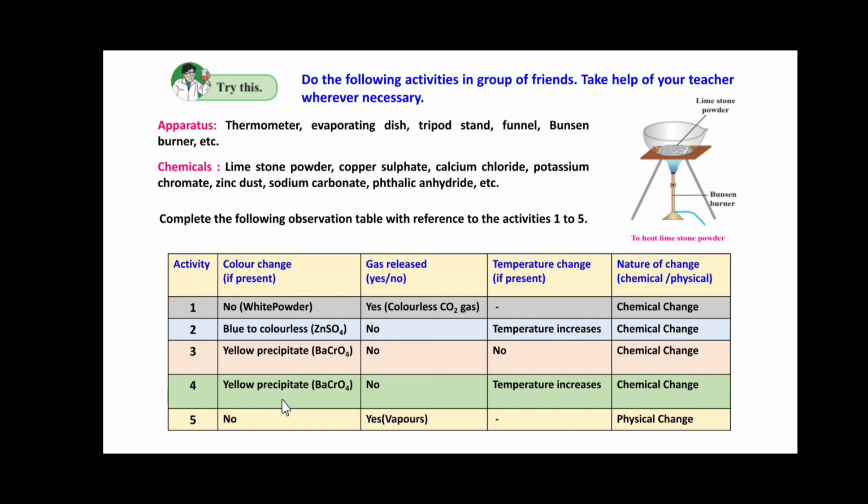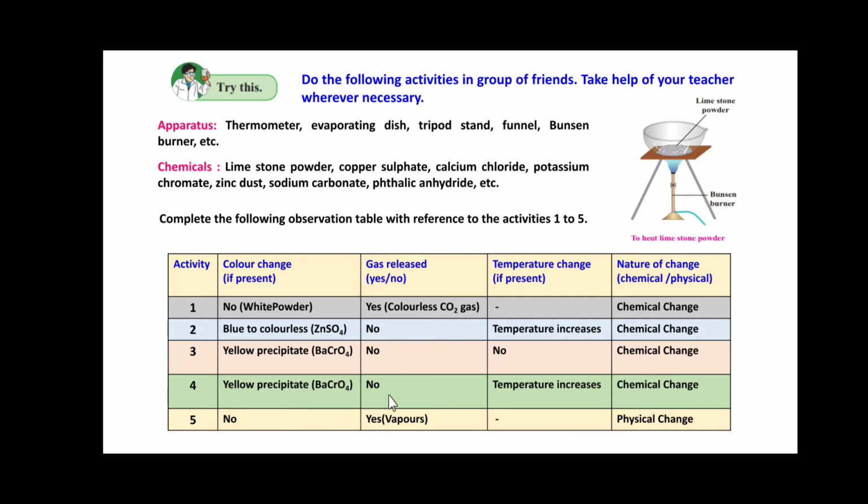Fourth activity is add sodium carbonate Na2CO3 solution to the calcium chloride CaCl2 solution. The reaction that will be CaCl2 plus Na2CO3, that gives you 2NaCl plus CaCO3. Friends, here you could see this yellow precipitate is forming.